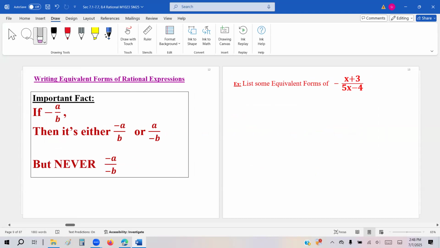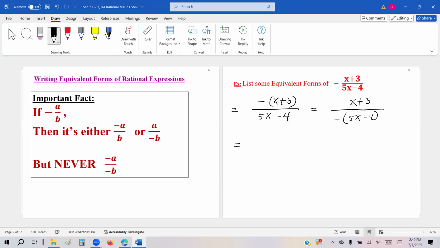Now this is from my method. It says write this into equivalent form. Equivalent form means write the same thing, but just place your negative in a different position. So for example, this is the same as negative on the top and the denominator is the same. Also, this is the same as negative on the bottom and the numerator is positive.